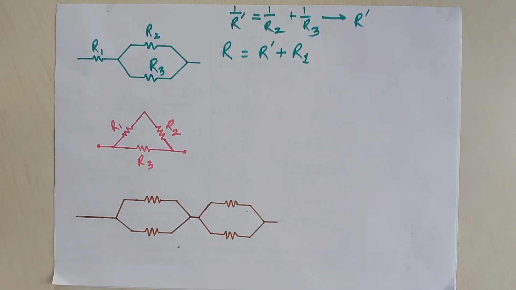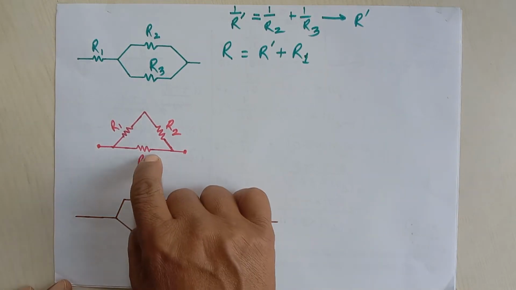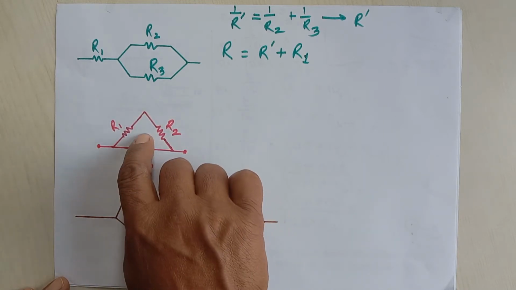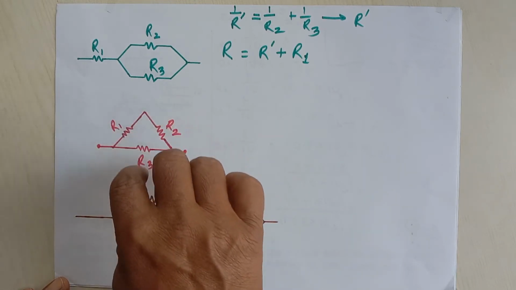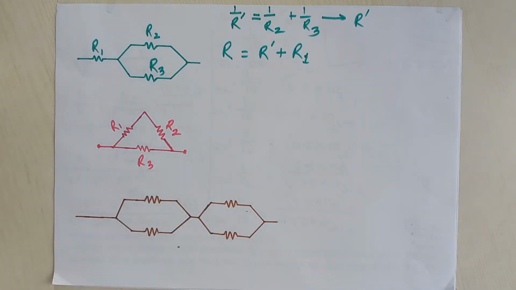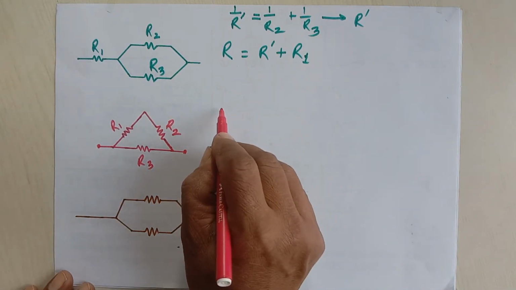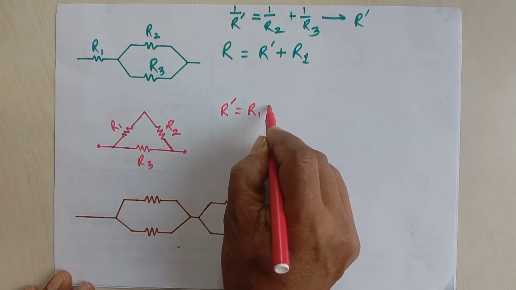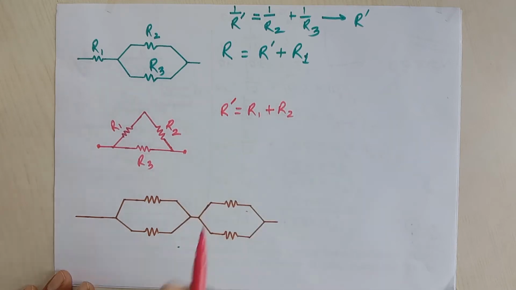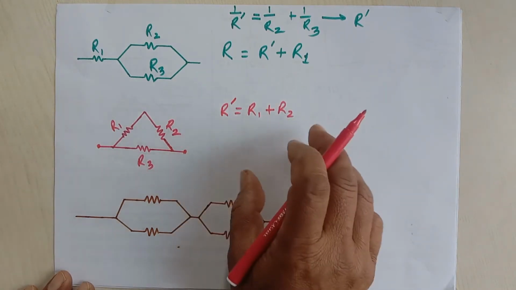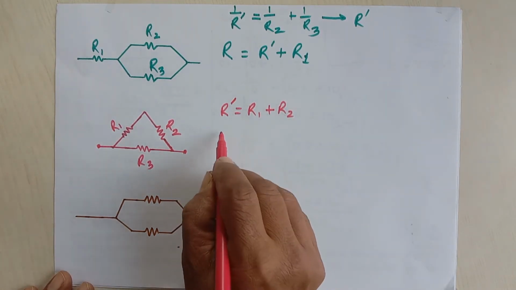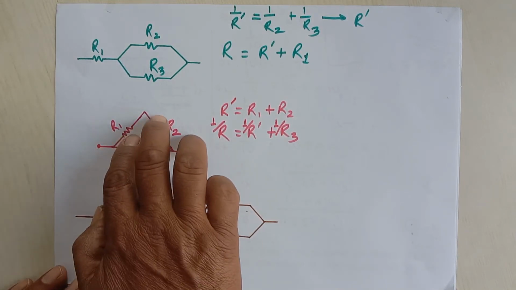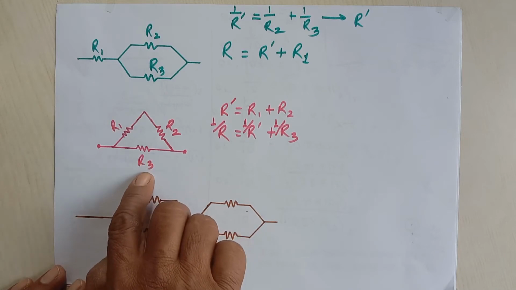Looking at this diagram, you can easily see that R1 and R2 are in series, but this series combination is in parallel with R3. That's why first we have to find R dash, where R dash is equal to R1 plus R2.